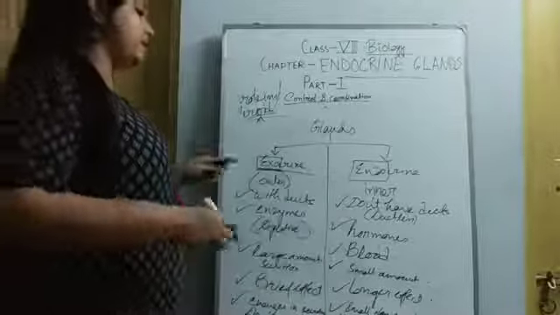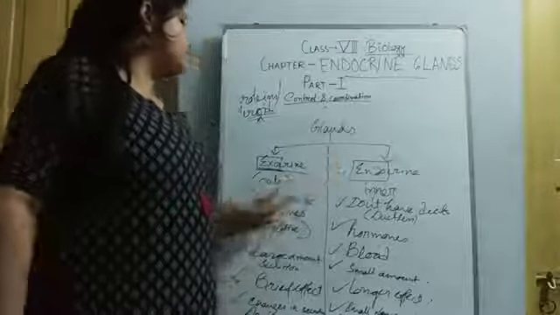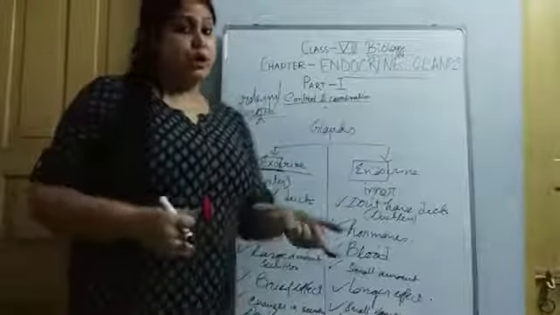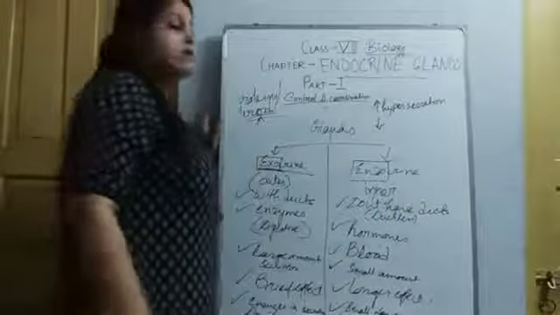So these are the differences. I think you all understand the difference between the exocrine and endocrine glands. If there is any increase in the hormonal secretion, it is called hypersecretion, or if there is a lesser amount of secretion of the hormones, it's called hyposecretion.